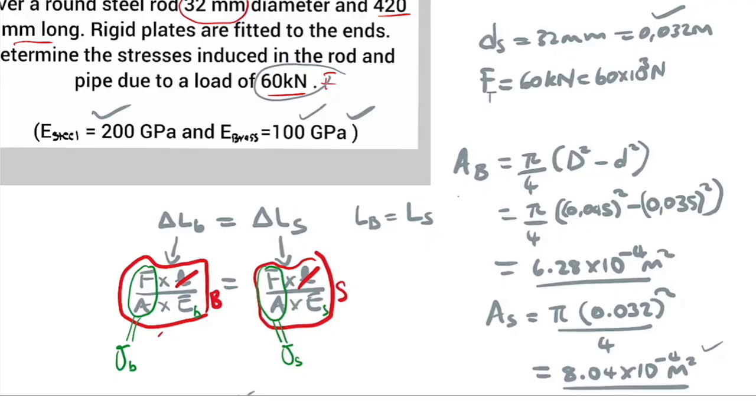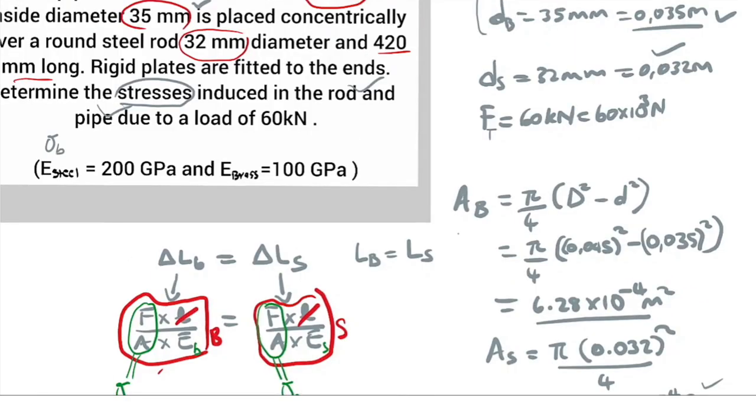From the problem statement, we are required to find the stresses here. We found that the pipe is brass, and the rod is steel.